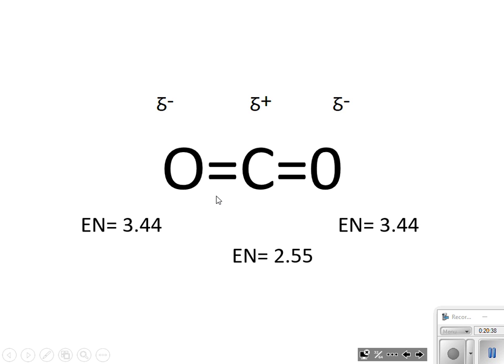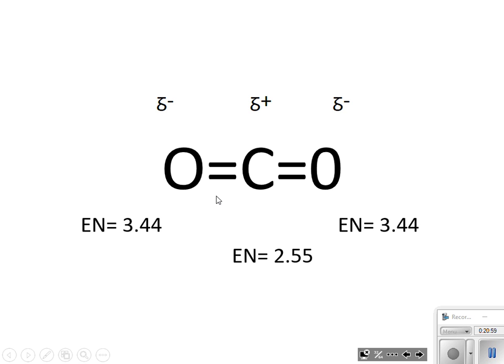Obviously, John and I are pulling at a 3.44, right? So, reach your arms out like this. Here's our double bonds. I've got mine, he's got his. We're both pulling at 3.44. Is anybody winning the tug of war? No. Nobody's winning the tug of war.